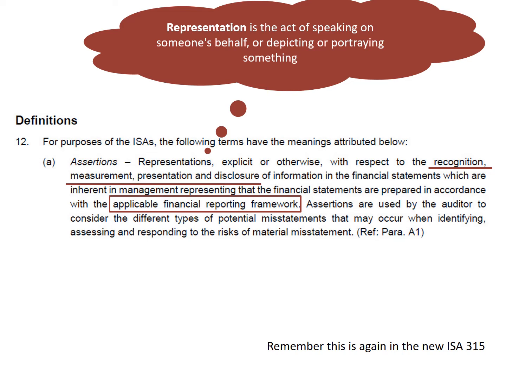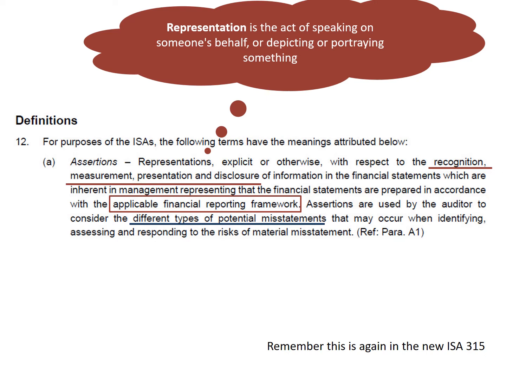It's a representation. It's a statement about something that you think is true. What I like about the assertions definition is that they've added a little bit to say assertions are used by the auditor to consider different types of potential misstatements. So if I say to you, okay, what's going to be the problem with the inventory? It's going to be quite difficult to say, okay, maybe it's calculated incorrectly. So okay, yes, I've addressed one area.